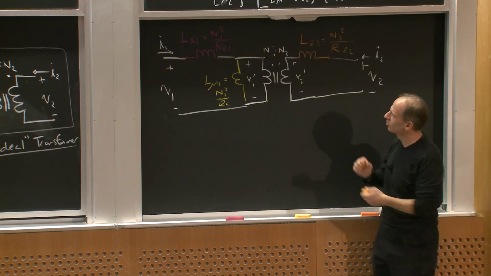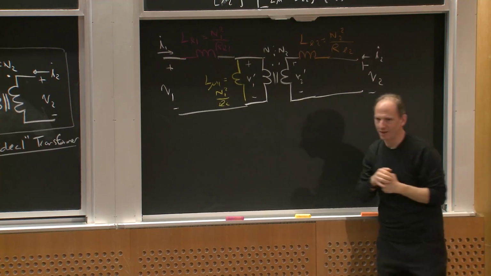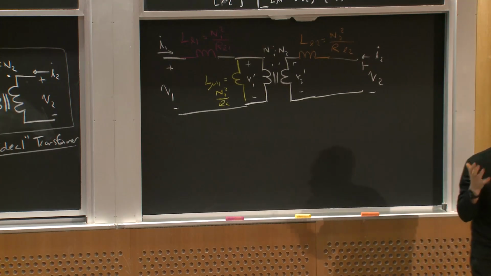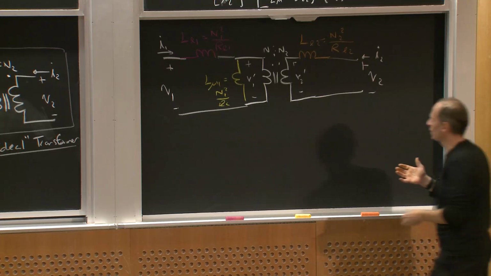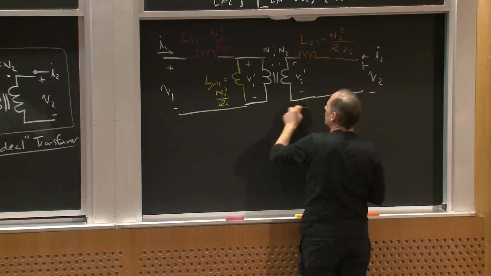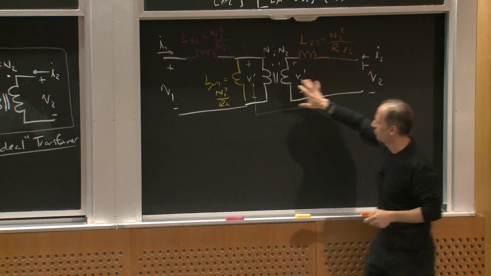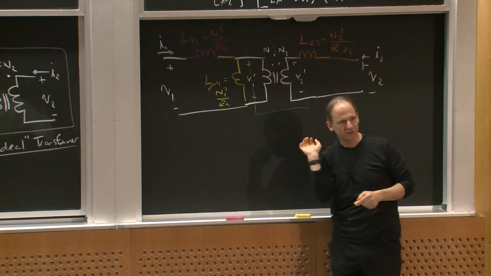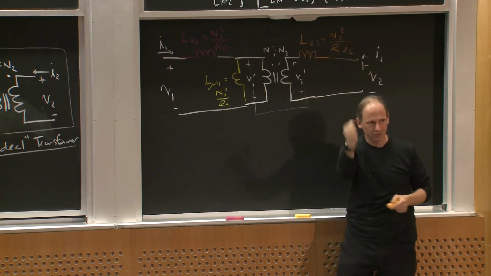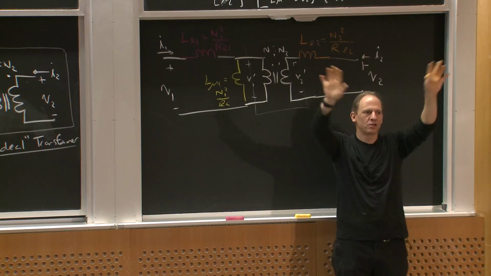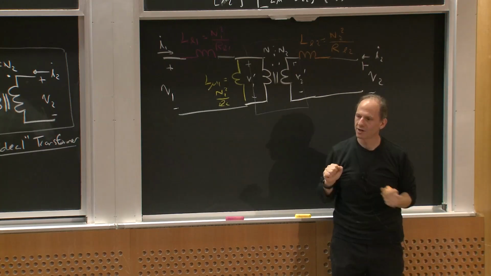Okay? So this is what we would consider a transformer model that has an ideal transformer at its heart, but then incorporates 3 additional inductances to model the energy stored in the core and the energy storage in the leakage fields around the transformer.